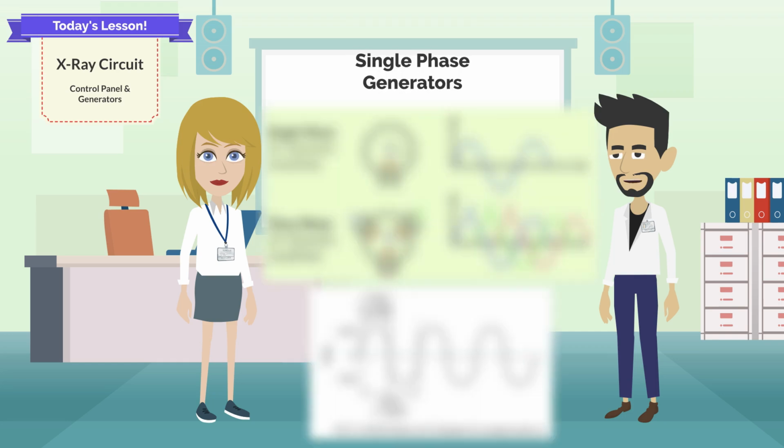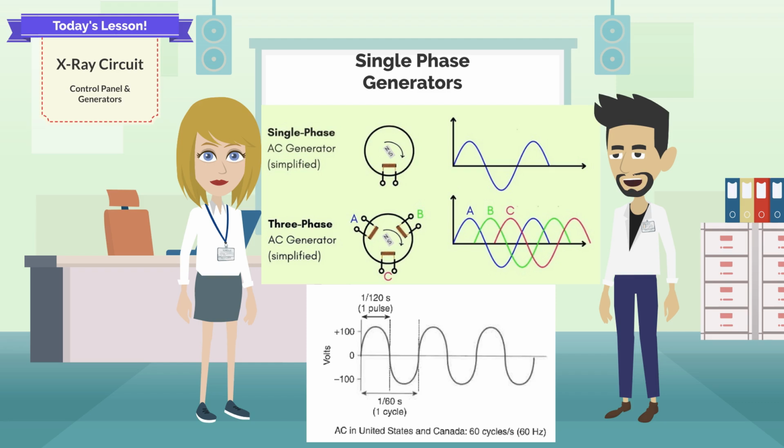Now let's talk about different types of generators. Single-phase X-ray generators are powered by a single source of AC current. Single-phase generators produce a pulsating current that alternates from positive to negative during each electric cycle. Therefore, single-phase current results in a pulsating X-ray beam. The 3 voltage waveforms and rectifications described earlier were produced by single-phase electric power.